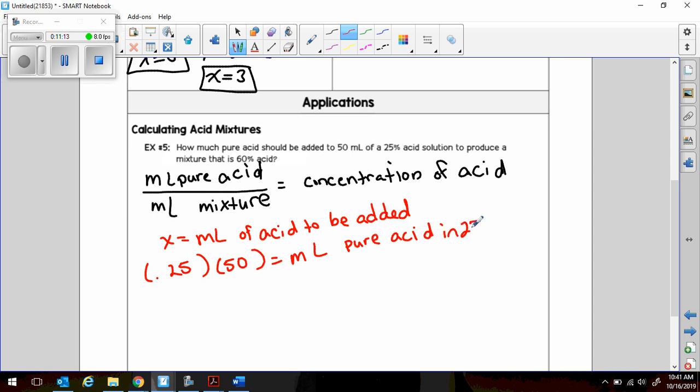I got 12.5 when I multiplied 0.25 by 50, make sure. So x plus the 12.5 is the milliliters of acid in the mixture.